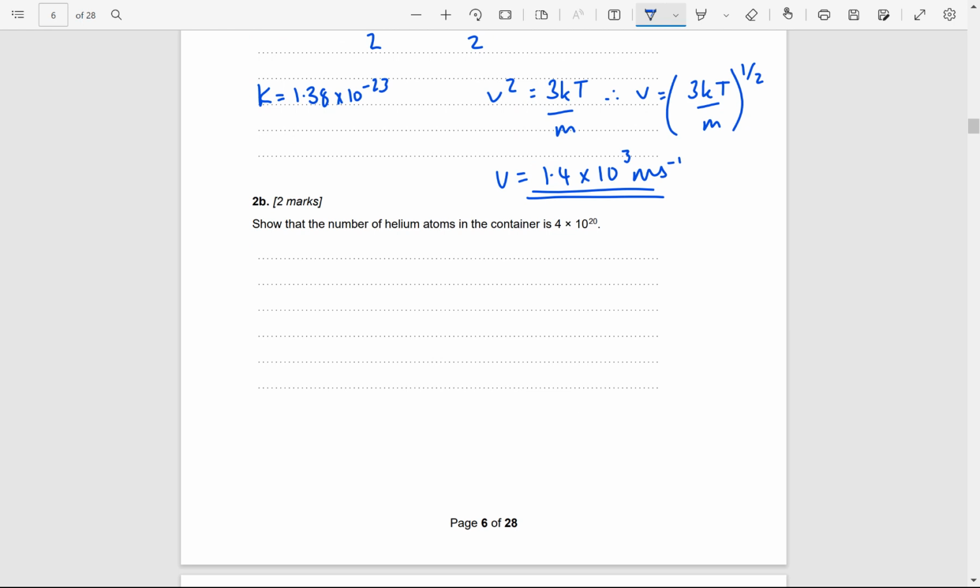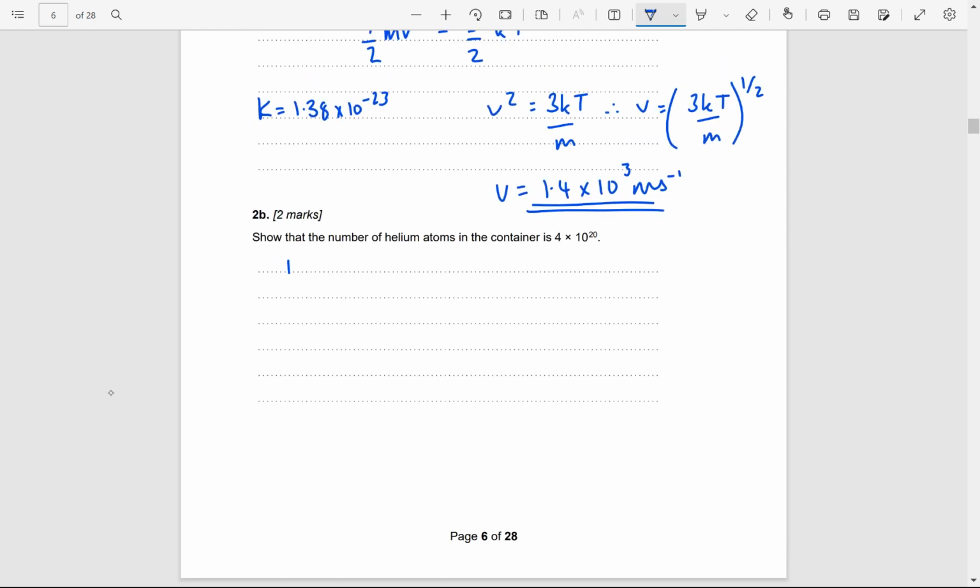This one wasn't done particularly well, actually. Now, there's different ways of doing this. I like to use the PV equals nRT formula, but I know that other people are more familiar with NkT. So I'm going to go ahead and do the PV equals nRT. And I don't think this one is in the formula booklet. But what I can do, so n is the number of moles.